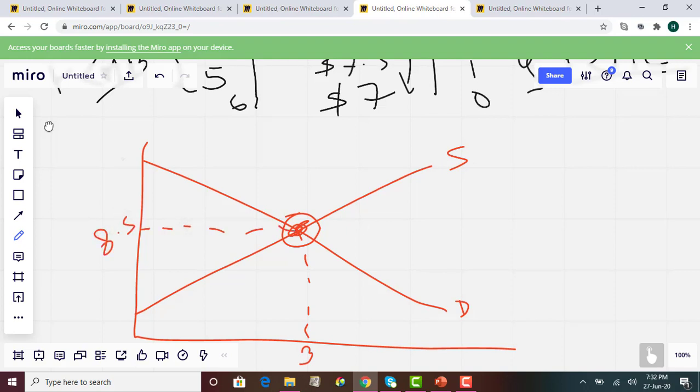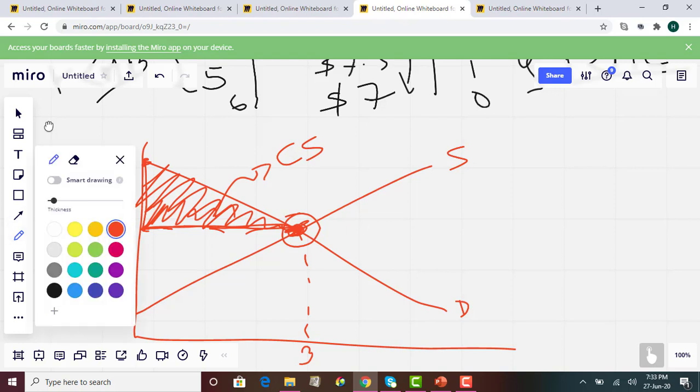Okay, now when we talk about consumer surplus, this area, this triangle from the equilibrium point to the point where the demand curve intersects the y-axis, this shaded area represents consumer surplus.